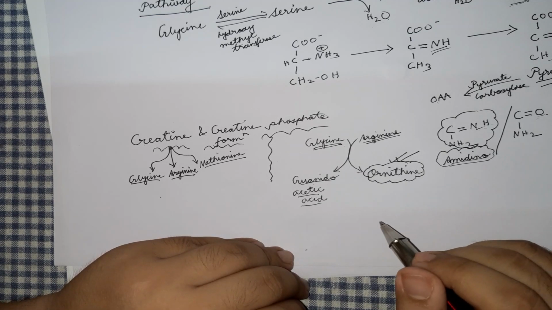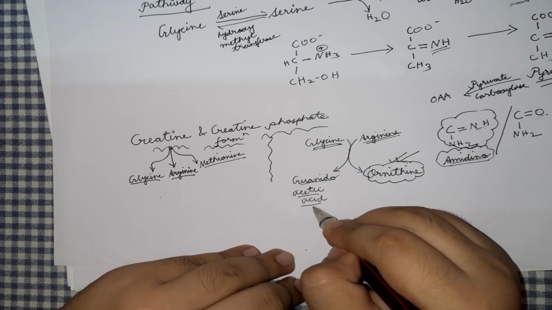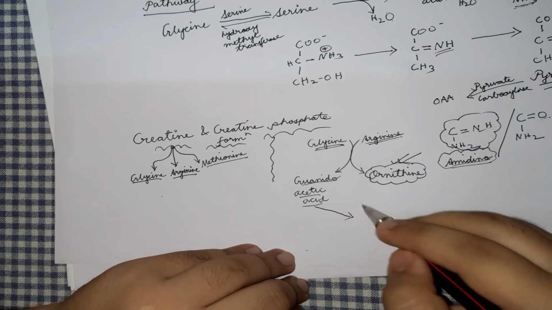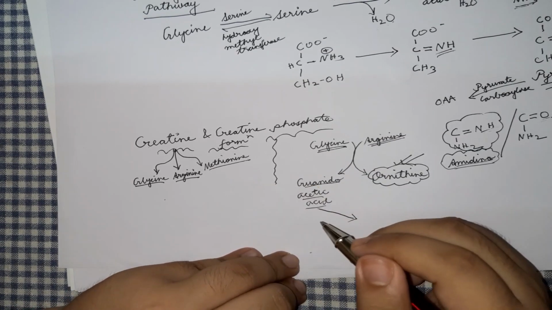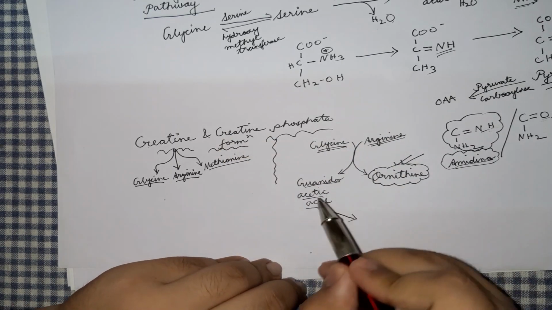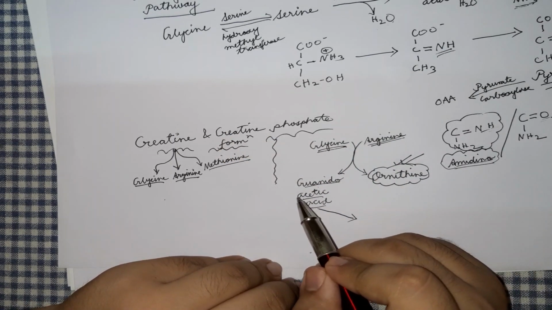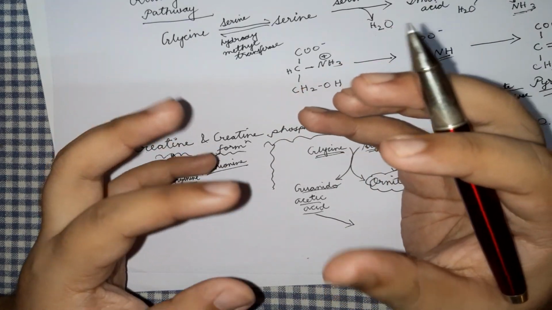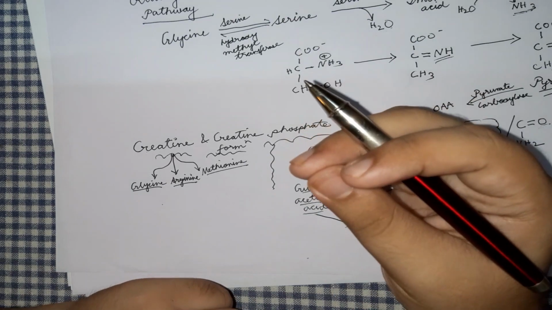What happens next? The next step that actually occurs is very direct. That is, methionine comes into play. Now methionine cannot just go and react with guanidoacetic acid. There has to be some other larger group which donates methionine.